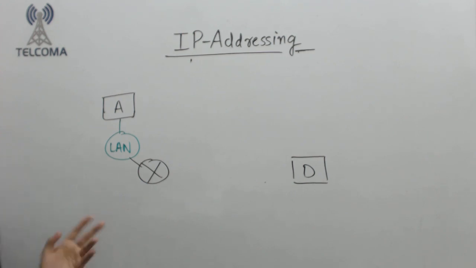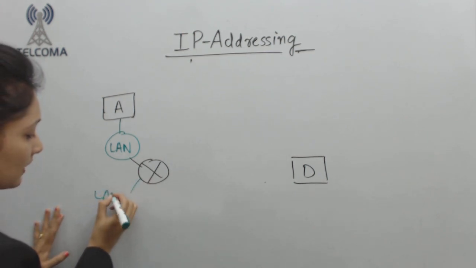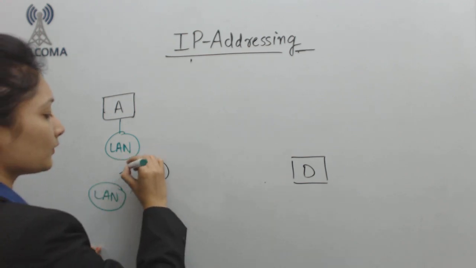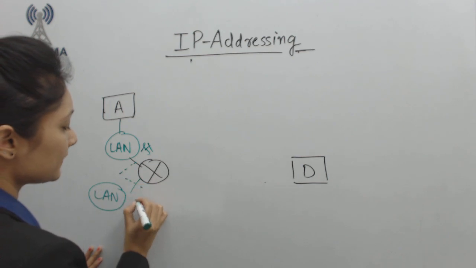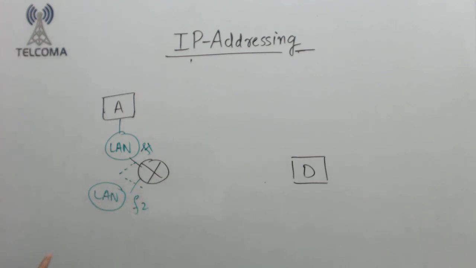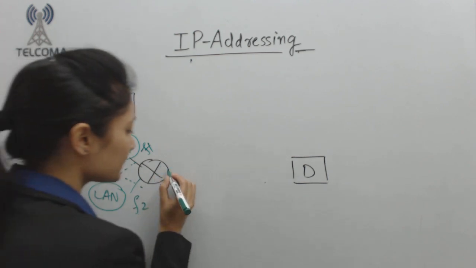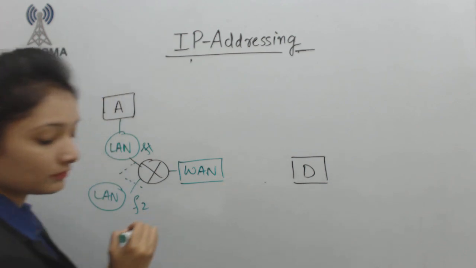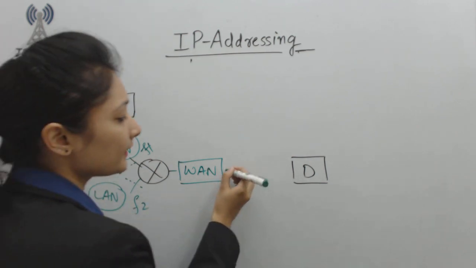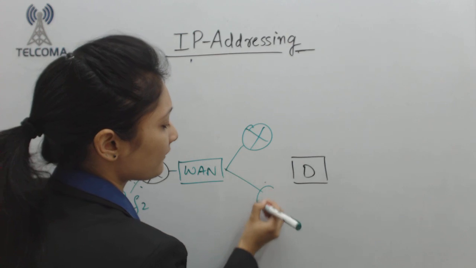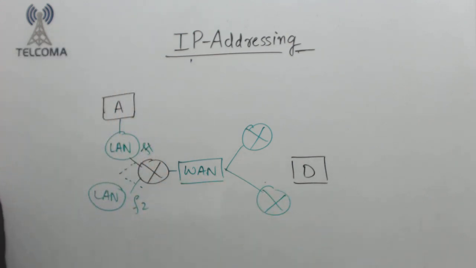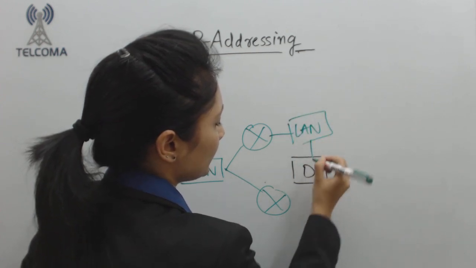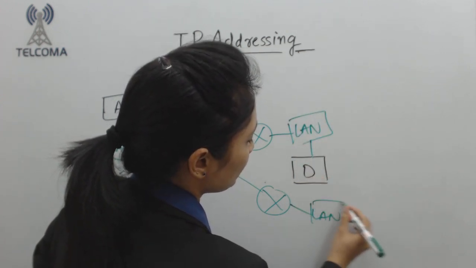Now it could be further connected to some other local area network. So this could be your interface F1 for this network, interface F2 for another local area network, and then somehow it is connected to a wide area network here. Now this wide area network again has some other interfaces. Now this is another local area network, or this could be some other local area network.